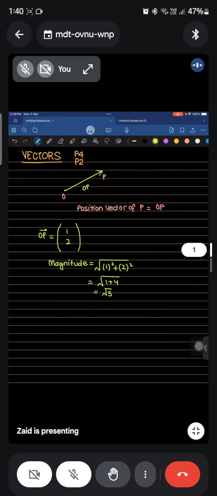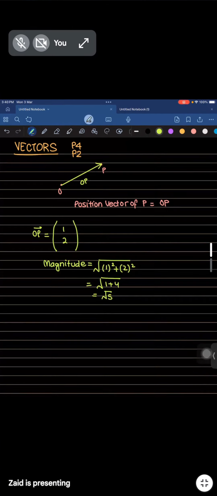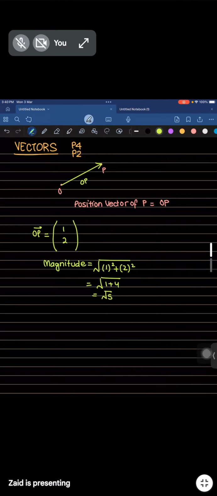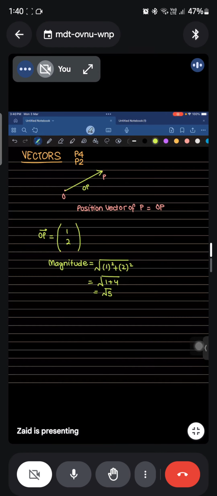Let me give you some simple questions. Position vector is basically the vector. Saad beta, can you just give a reminder to that guy? What's his name? Ayan, Shahzain and the other one.